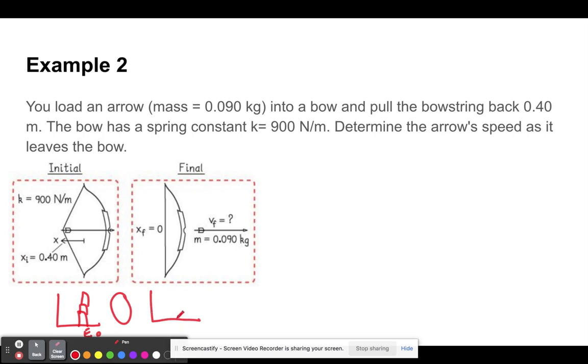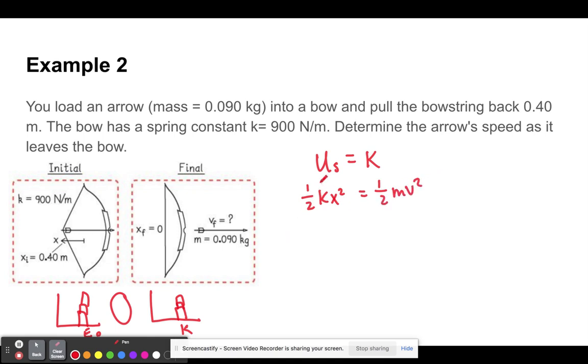Then afterwards, we have 3 boxes of kinetic energy. So this tells me, I'm going to switch to spring energy here. The spring energy is going to be equal to my kinetic energy. And we know from our previous lesson that spring energy, 1/2 kx squared, equals our kinetic energy, 1/2 mv squared.